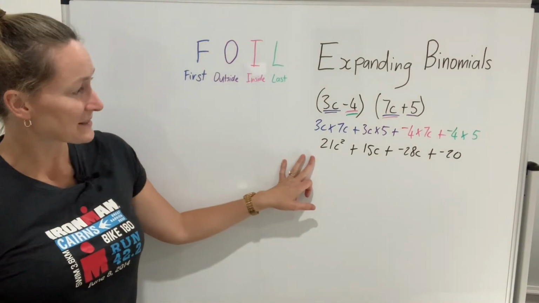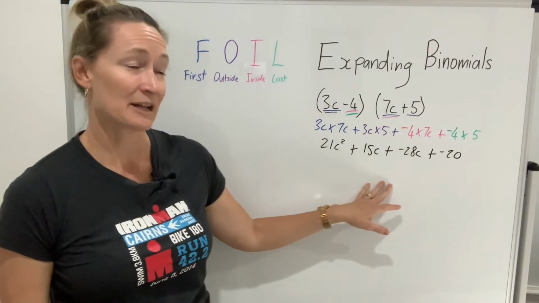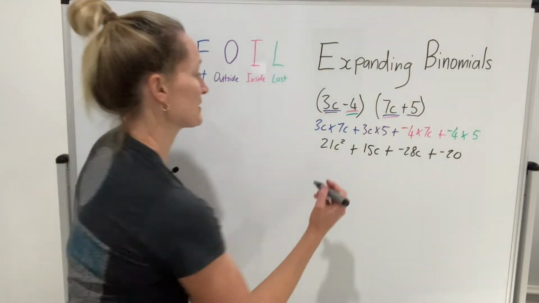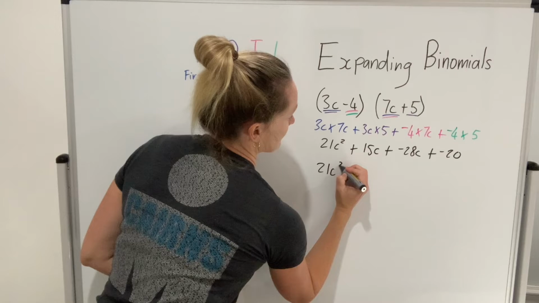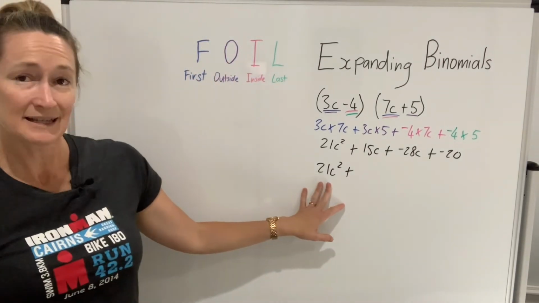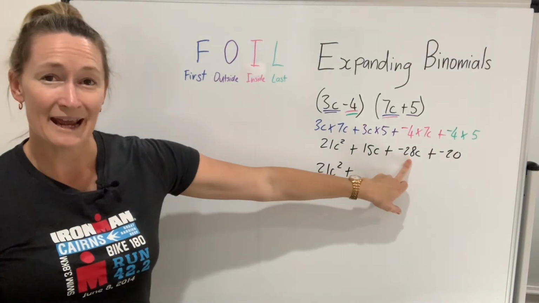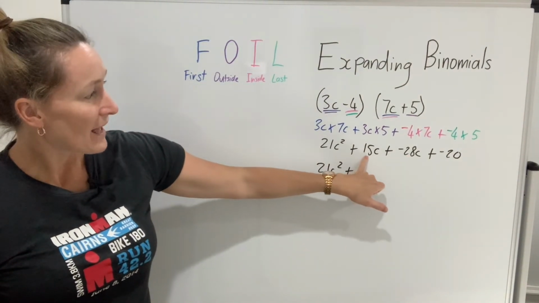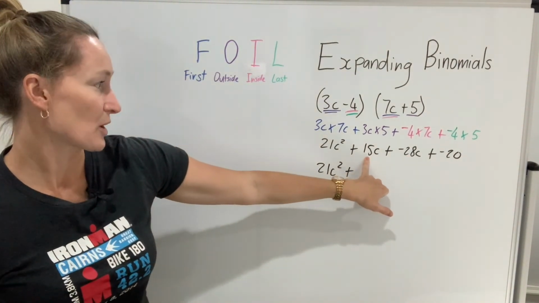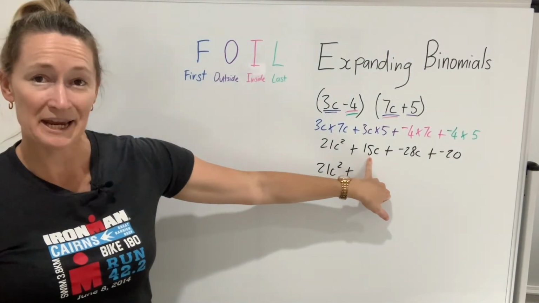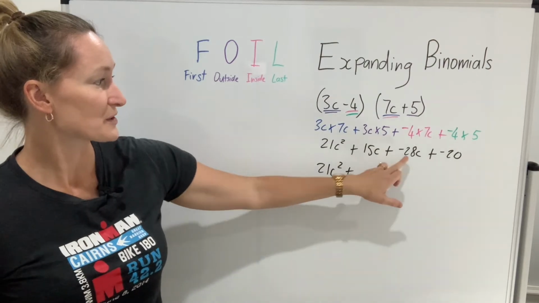From there, the last step is to combine any like terms. C to the power of 2 is the only one there, so 21c to the power of 2 stays as it is. Then we've got negative 28c plus 15c. So you're still going to have negative 13c when you combine those two.